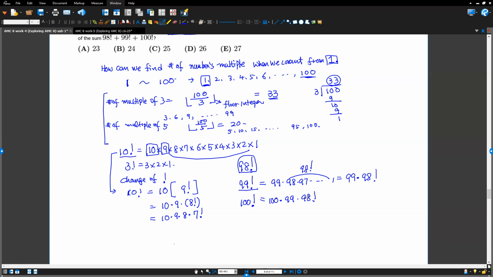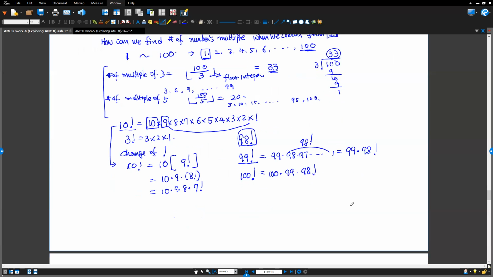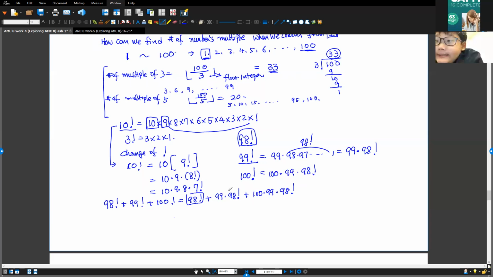All right, so what are these numbers? 98 factorial plus 99 factorial plus 100 factorial equals: 98 factorial, 99 times 98 factorial, and 100 factorial is 100 times 99 times 98 factorial.